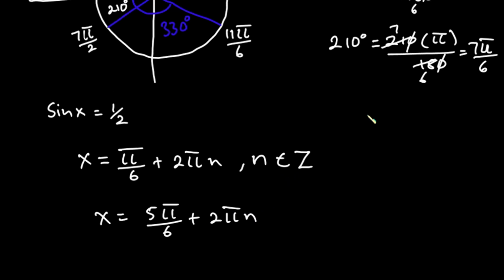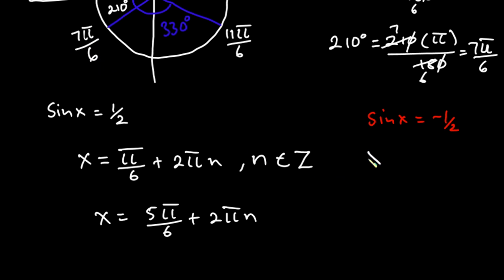Then the value of x when sine x is equal to negative 1/2. From here, from this part, no, this is supposed to be 6 actually. Just forgive me, here is supposed to be 6. Let me get rid of this, it's a mistake. It's supposed to be 7 pi over 6, right?